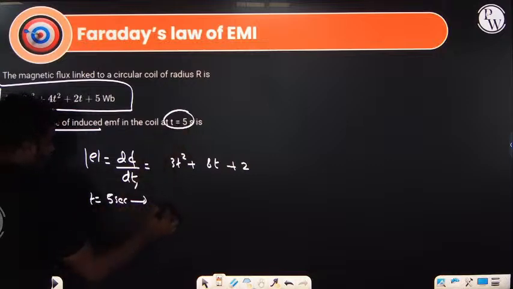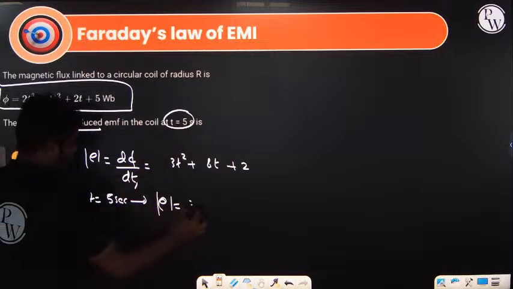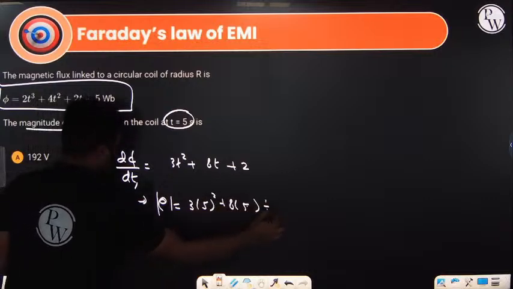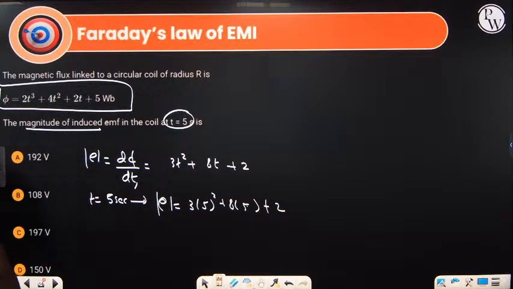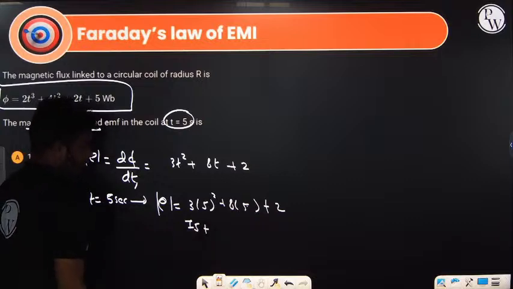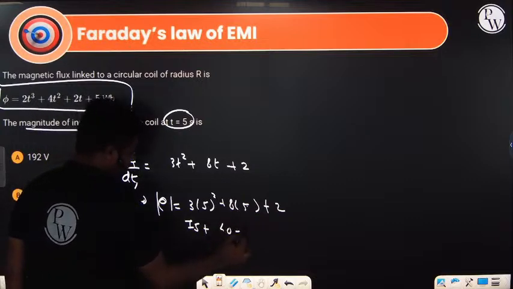So from here we write the EMF: 3 into 5 square plus 8 into 5 plus 2.